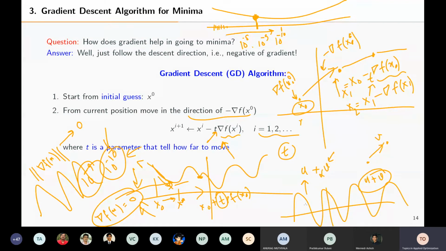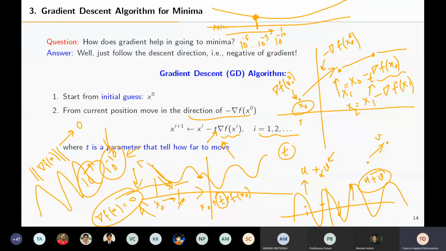You start from somewhere, and your t is so big that each time you overshoot the minima. The minima was here, but you overshoot and reach here, then overshoot again and reach somewhere here. You went down, then overshoot and went up.